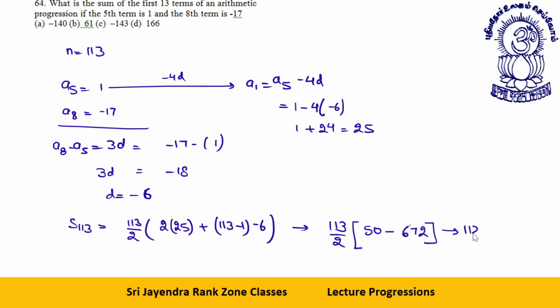Just forgive me for a small mistake. This is 13, but we have spotted it at the right time because we haven't solved too much of the question. So here it will be 13.